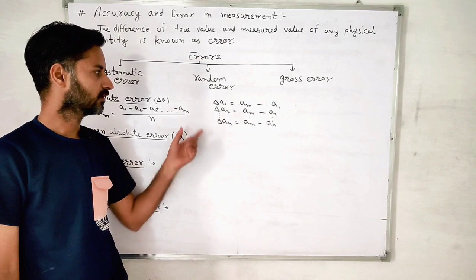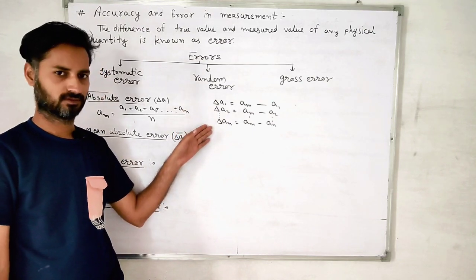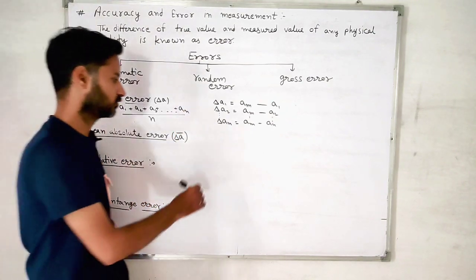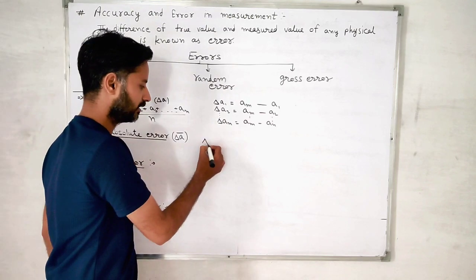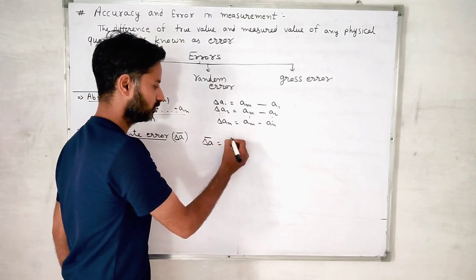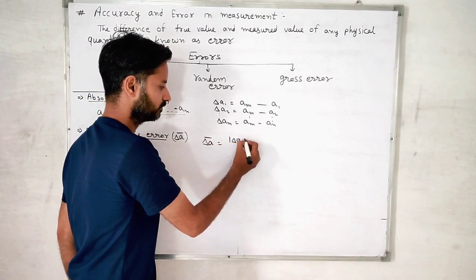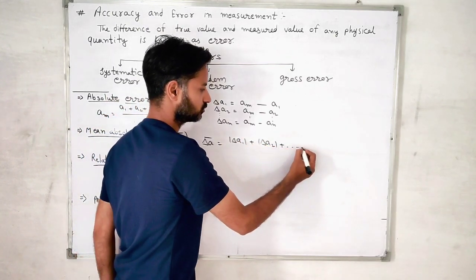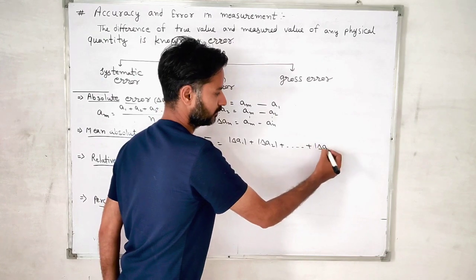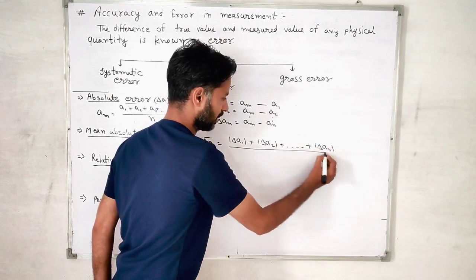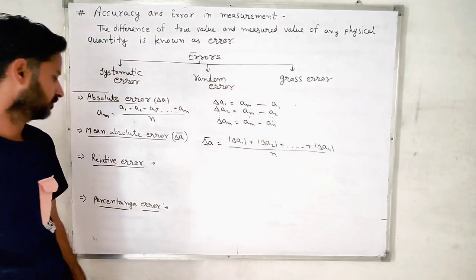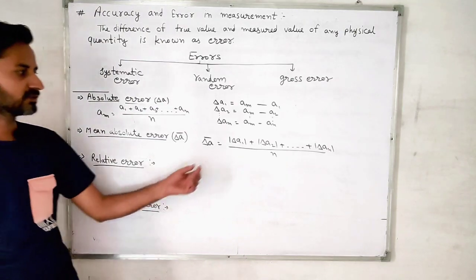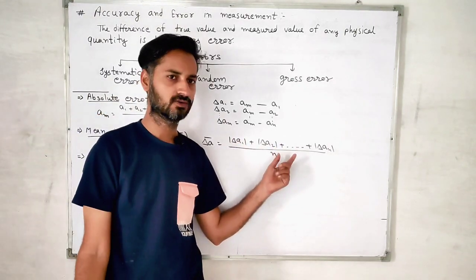This will be equal to the mean value of all absolute errors. So, the mean absolute error del A bar is equal to del A1 plus del A2 plus so on del AN divided by N. For this, we have to use the numerical value only.